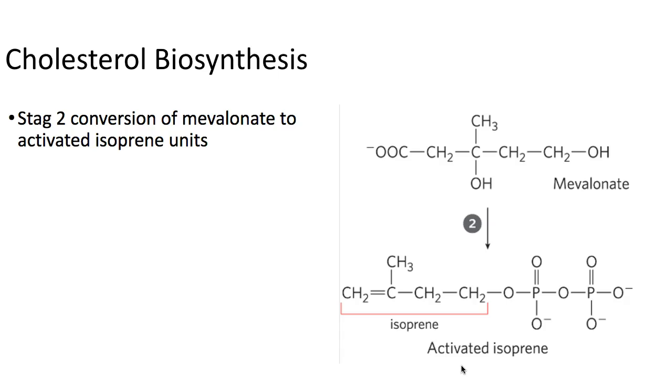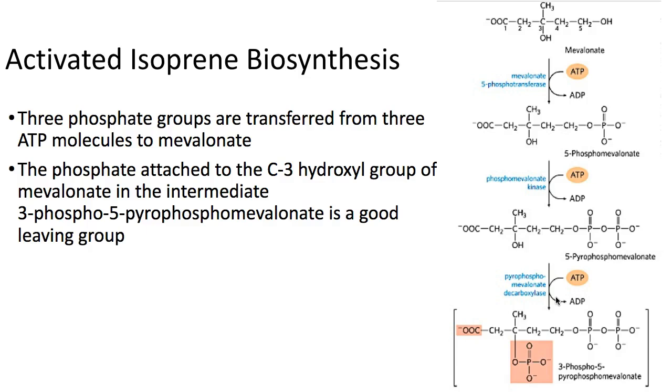The major product going into stage two is the activated isoprene. How do we get from mevalonate to the activated isoprene? You see you have this hydroxyl group here and this hydroxyl group located here. So mevalonate has two hydroxyl groups.